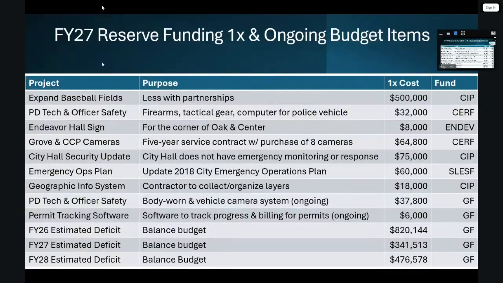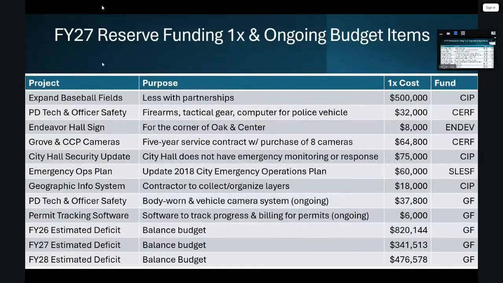And then almost everything else we connected back to CIP, just because there were capital projects, again using the reserve for those funds. And then also the permit tracking software, as well as the body-worn cameras and the service contract that goes with that, we're identifying as general fund expenses, because that's going to be an ongoing cost for the contract there, and then the fund balance from general fund for those out years.